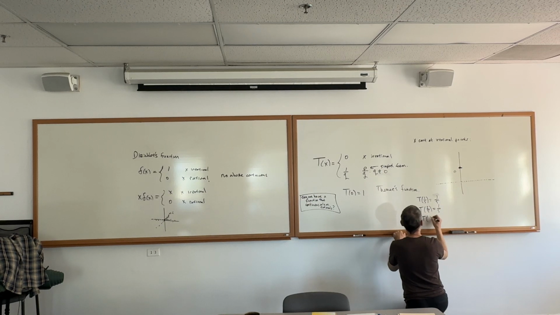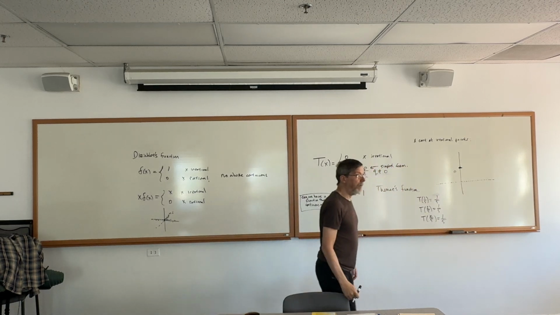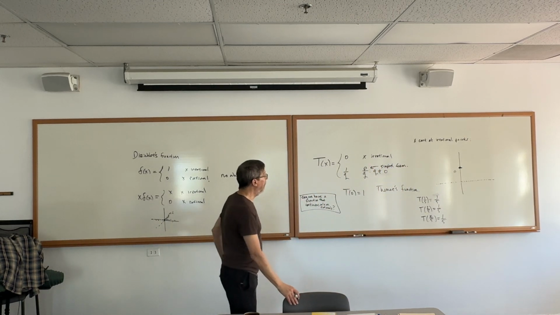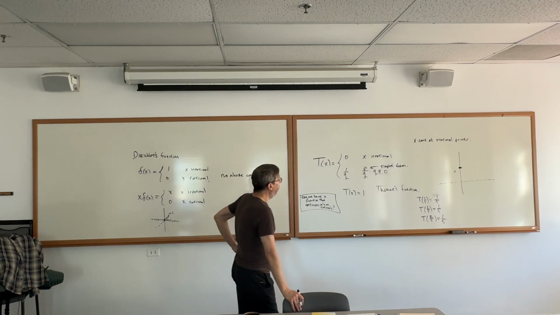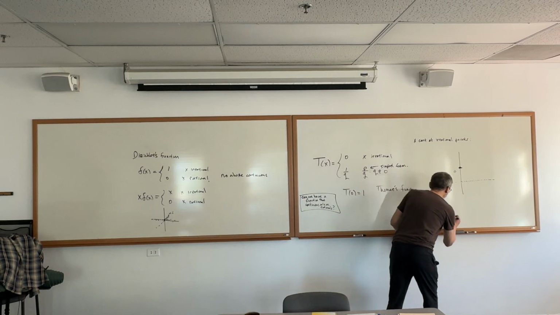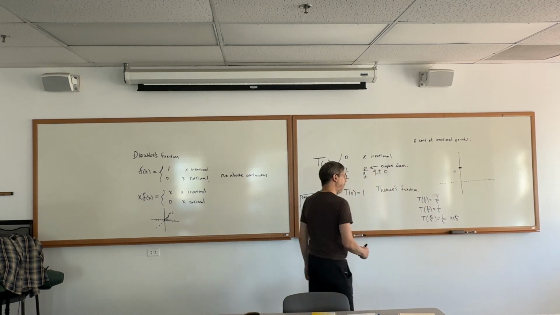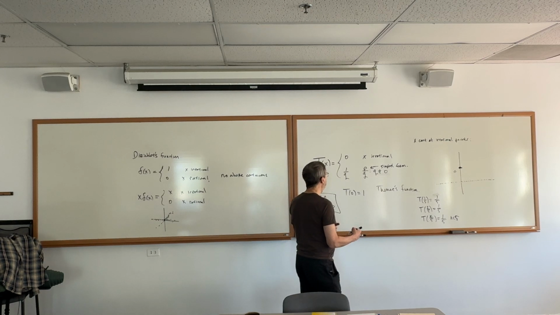If I ask T of K over 5, it doesn't matter what that multiple is, it's still 1/5. Unless, yeah, we have to go to simplest form here. So I guess if K is less than 5. As soon as K is 5, we've got T of 1.